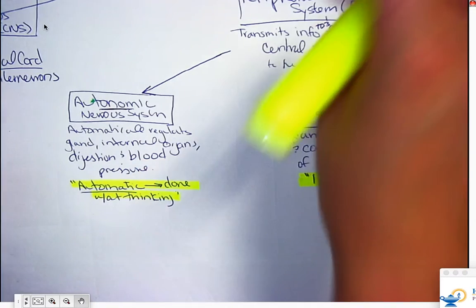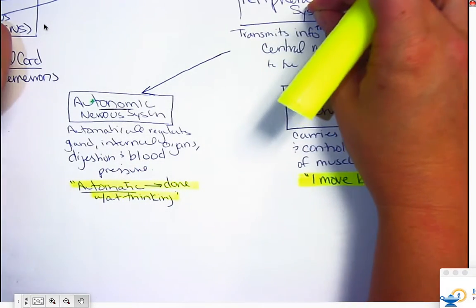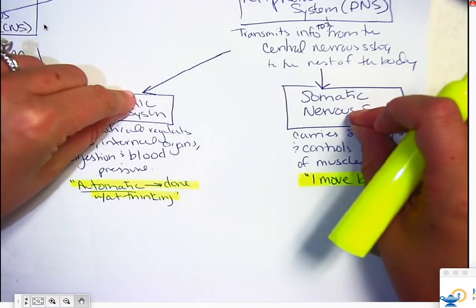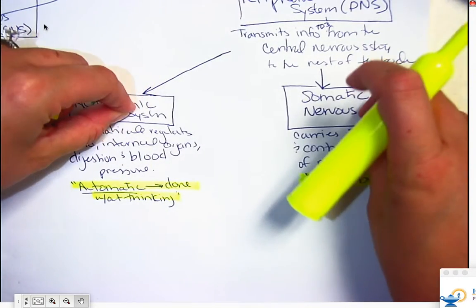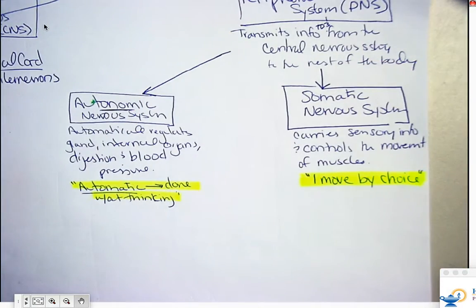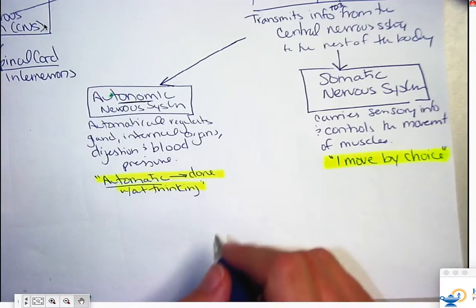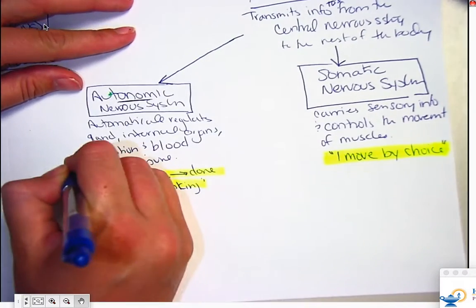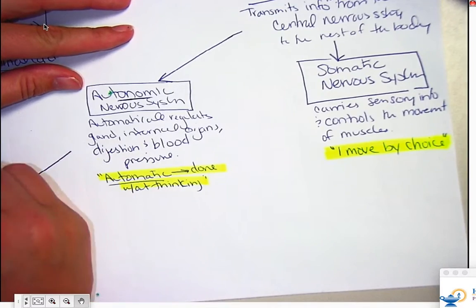We understand the difference between central and peripheral, correct? We understand that your peripheral breaks down to autonomic and somatic. So now we're going to add one more layer to it. From your autonomic, you have two major systems. First one is your parasympathetic.